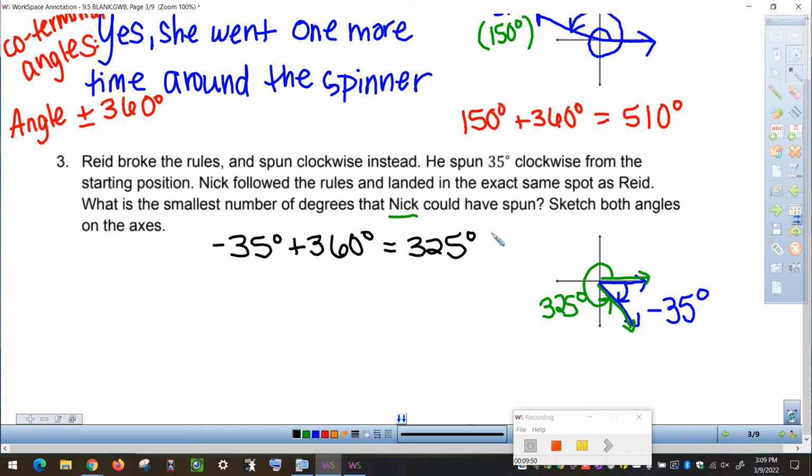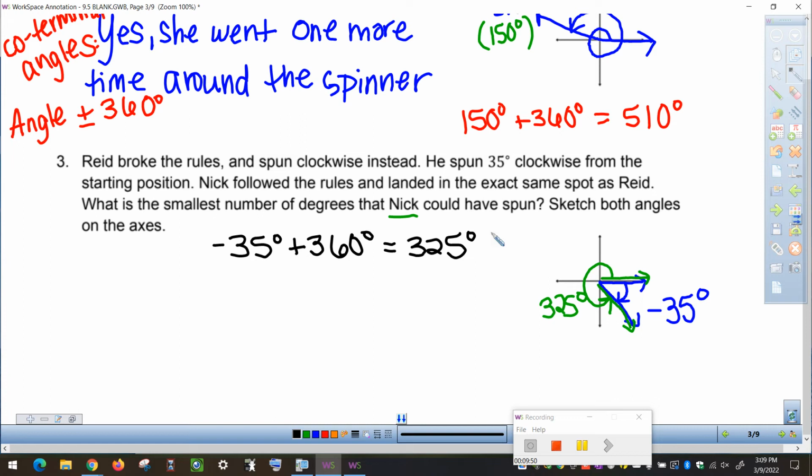We're just going to go one full time around the circle. We're going to end up where we started, but now we have a positive version of that angle. And if we know that one full time is always 360, it makes sense because 325 plus 35, if we just look at the size of the angles, together would have to add up to 360.